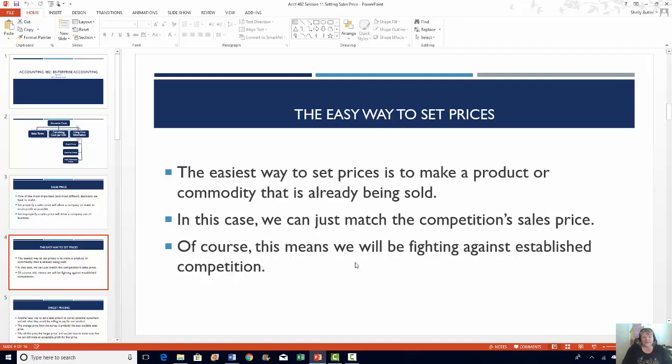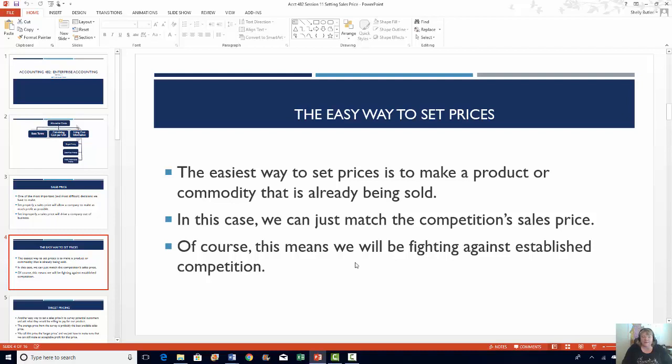Now the easiest way to set a price is to make a product or commodity that's already being sold. In this case, we can just match the competition's sales price, but we all know, and I know I've got some marketers out there, that it's not that easy.